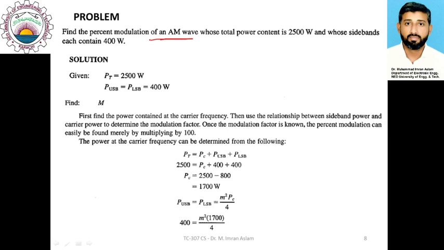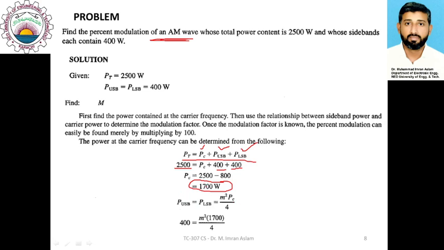Again, because this is AM modulation, total power is represented as the sum of three different power components: the carrier power, upper sideband power, and lower sideband power. In the problem we are given the total power, which is 2500 watt, and the upper sideband and lower sideband power, which is 400 watts each, and from this expression we can simply calculate the carrier power, which comes out to be 1700 watt.